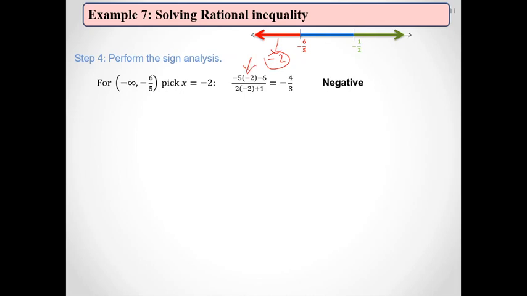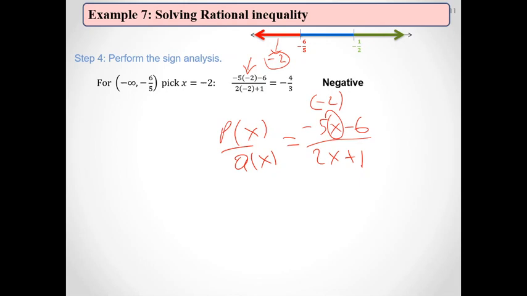Put it inside the px over qx, which I don't remember exactly, but it has to be -5x - 6 over 2x plus 1. You put -2 here for x, and then check. This is negative, so this has to be negative.